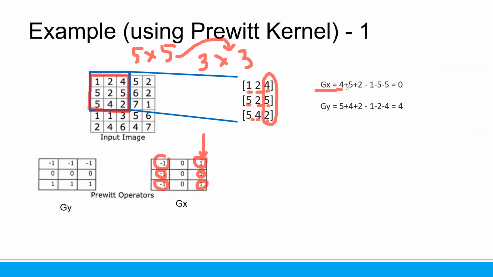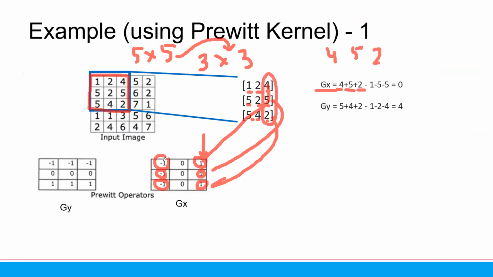So 4 plus 5 plus 2. It means 4 multiplied by 1 is 4, 5 multiplied by 1 is 5, and 2 multiplied by 1 is 2.